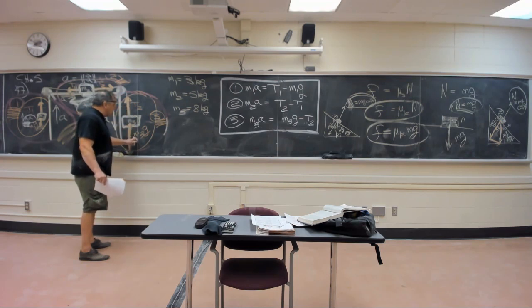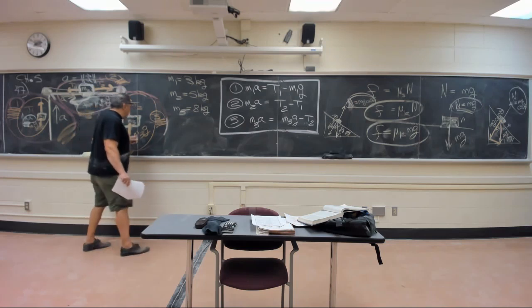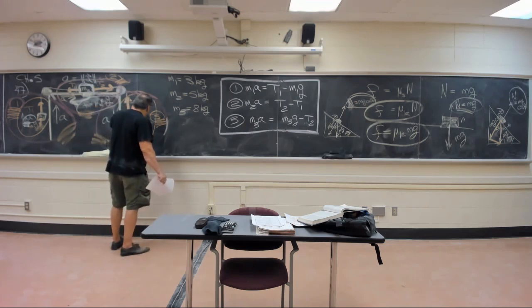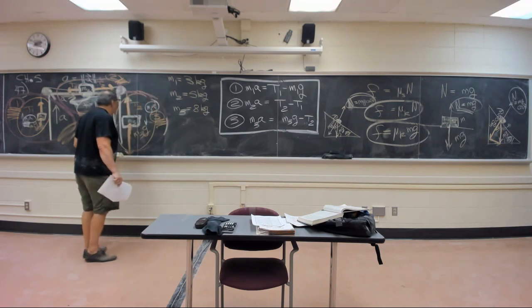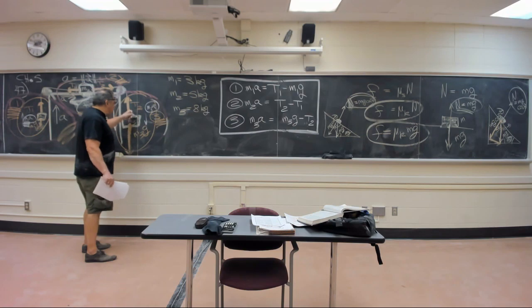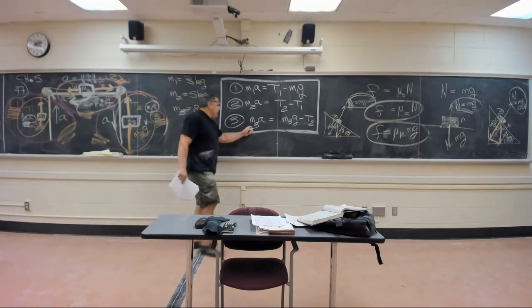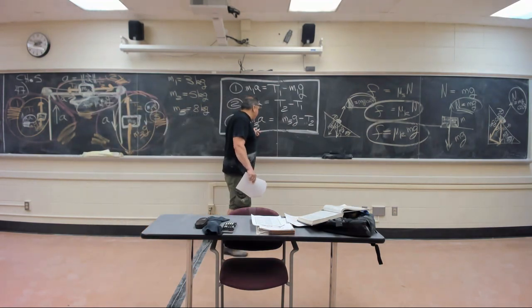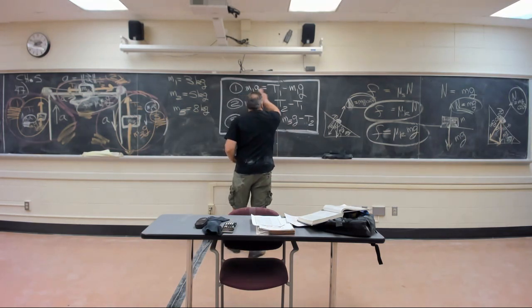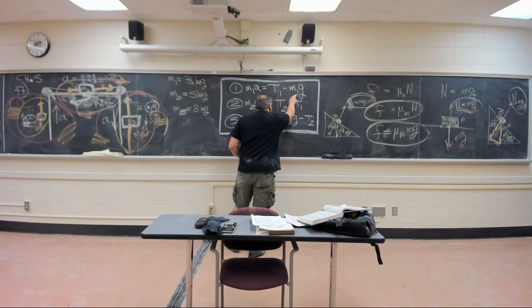But let's see what happens here. M3G minus T2, the difference between these two is M3A going downward. M3G minus T2 is M3A. M3A equals M3G minus T2. M1A equals T1 minus M1G.